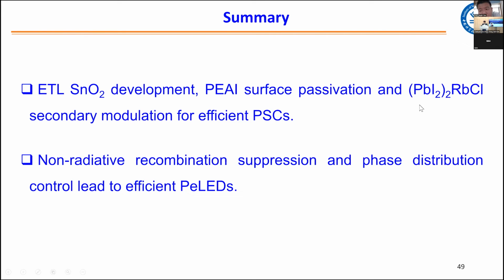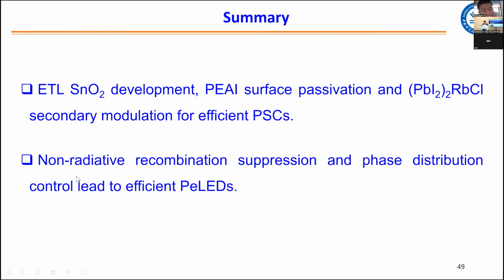And also we found a new phase. This phase can replace the traditional lead iodide as the passivator at the grain boundary to make sure we can get high efficiency, and at the same time guarantee the stability of the devices.